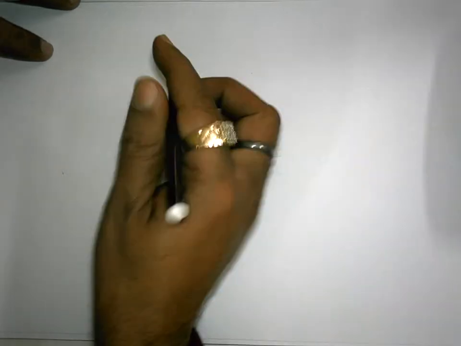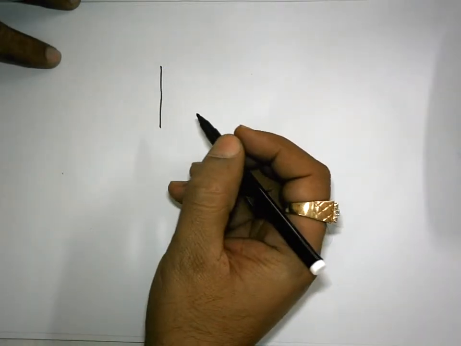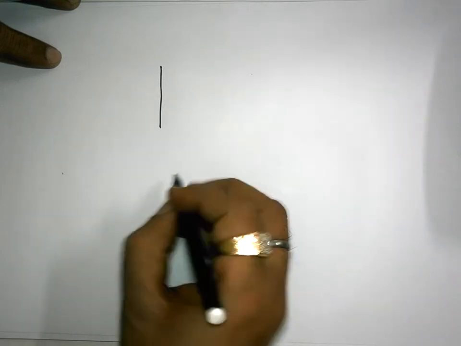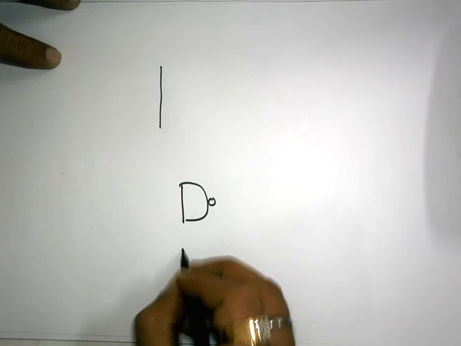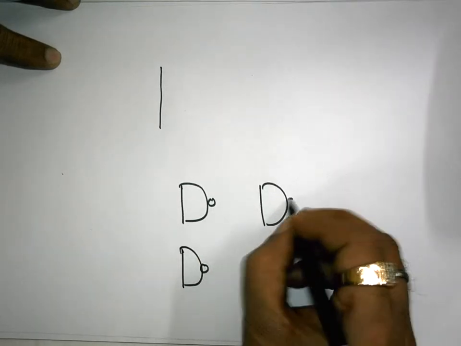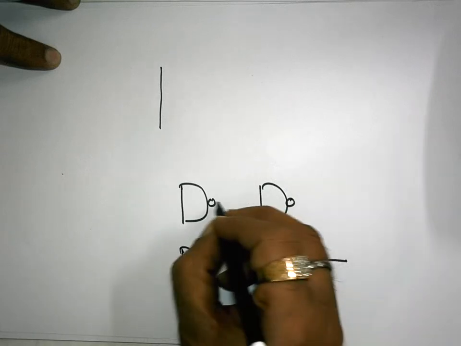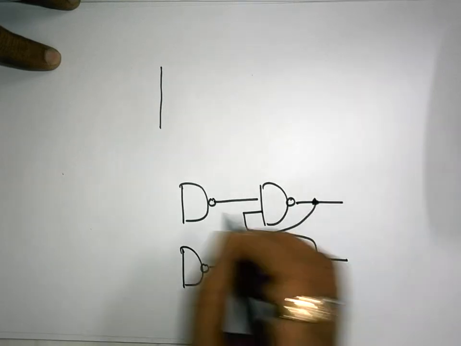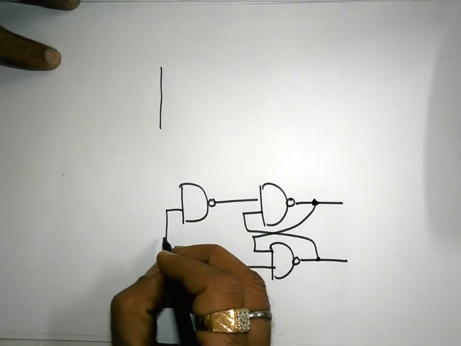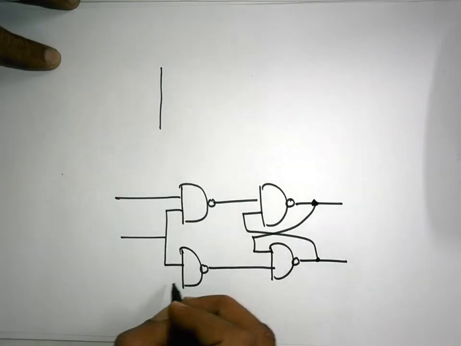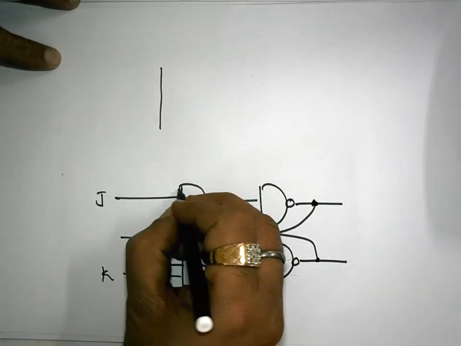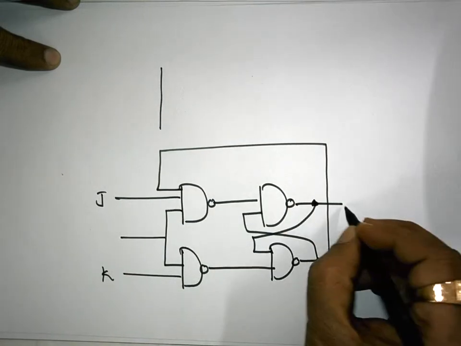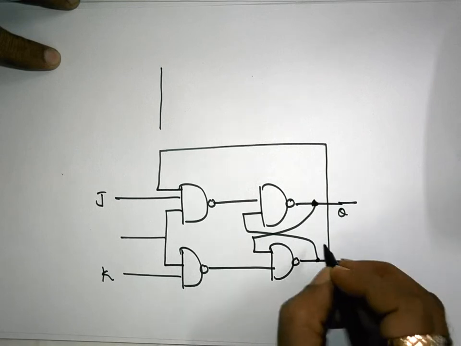And now just to give a different name to this toggling action, suppose we have this JK flip-flop like this, with J, K, Q and Q bar.